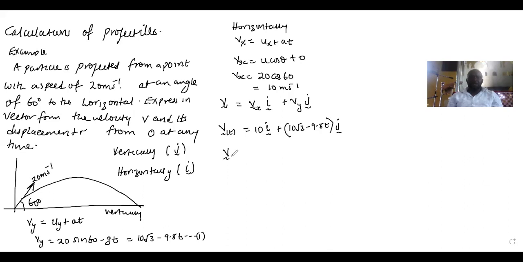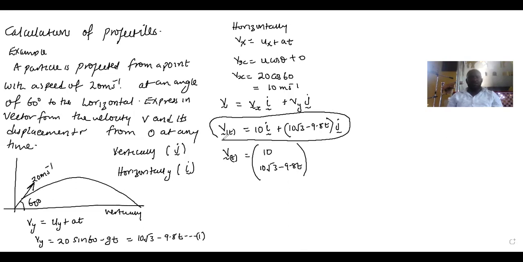Finally, one can also write the velocity in column form: 10 and 10 root 3 minus 9.8t. So sometimes it will be written without i and j. When it is written in terms of i and j, i represents the horizontal component, j represents the vertical component. Even here, if you write it like this, it means that the first one is the horizontal component, and the second one is the vertical component.